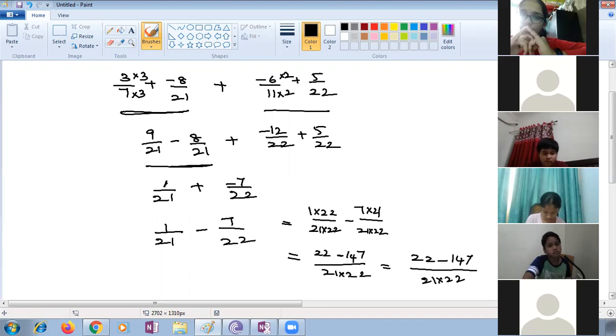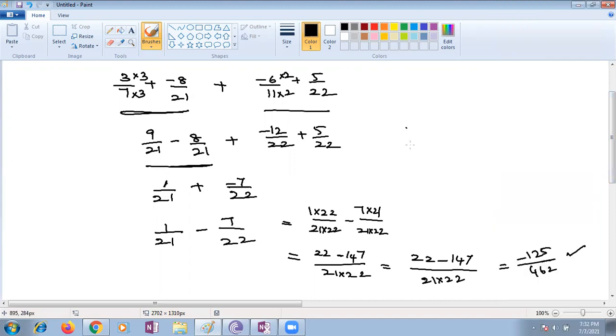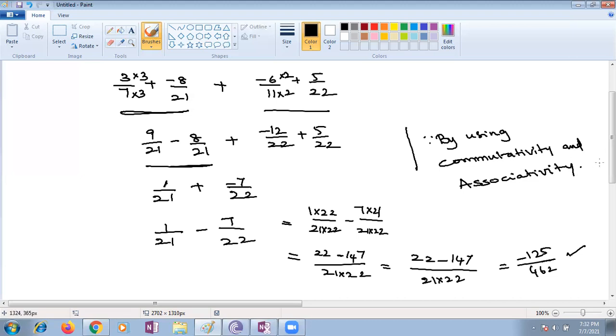You have to mention the property name also, children: by using commutativity and associativity.